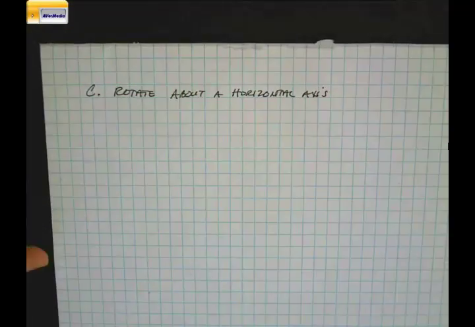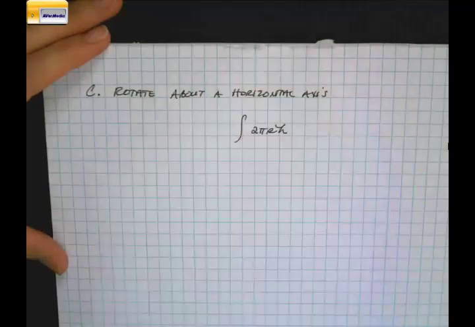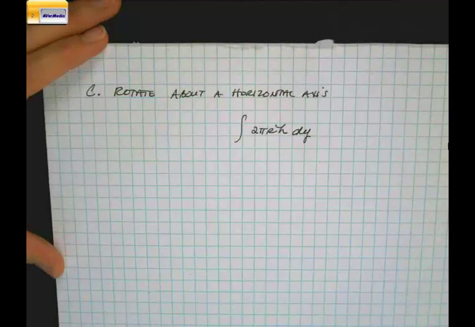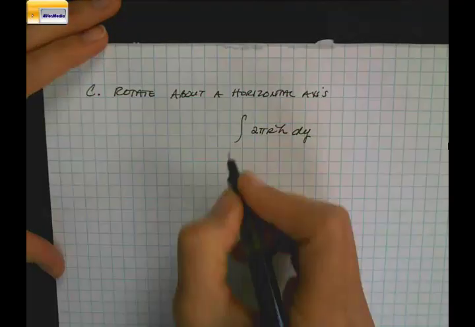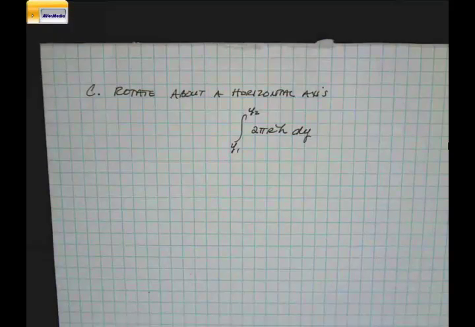Okay, when you start rotating about a horizontal axis and you're doing this 2 pi r times height, this is now going to be dy. It's now going to be dy. So these values are going to be y values for your upper and lower limits. Those are going to have to be y values also when you're spinning around a horizontal axis.